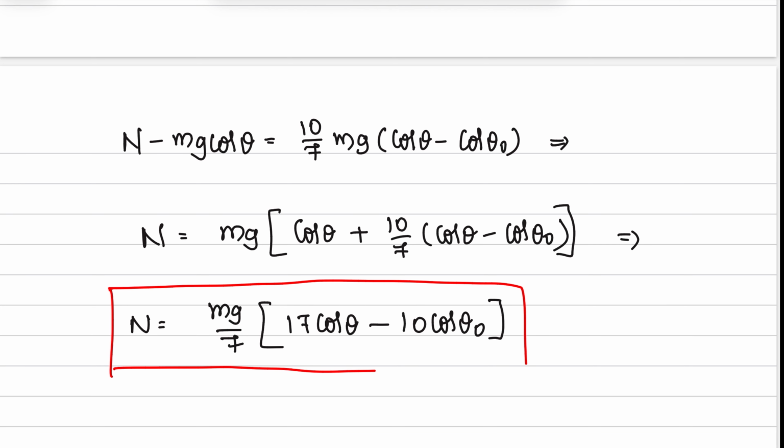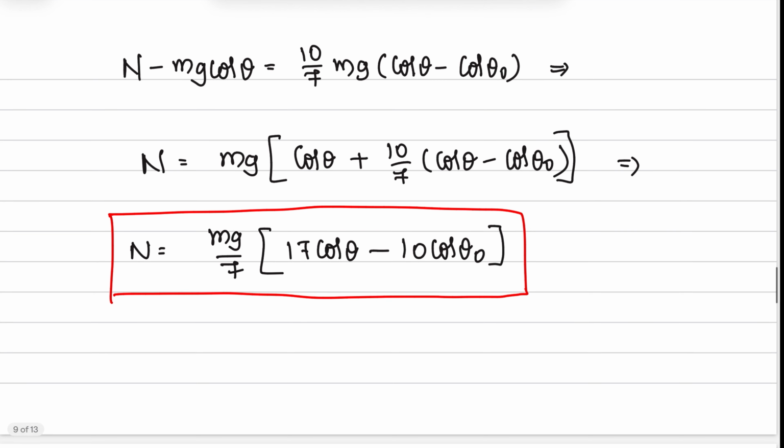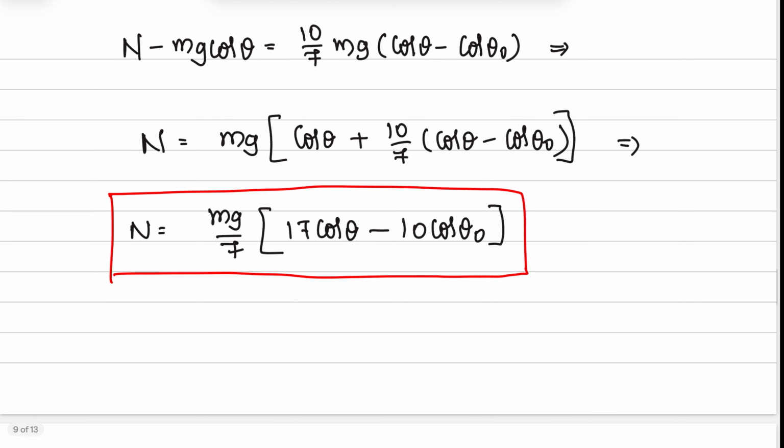Even though it looks lengthy, the steps are simple and you can understand well. Once you understand the concepts, you will be able to do this type of questions very easily. This is the answer, it is proved as given in the question. Now, what is next we have to find out?